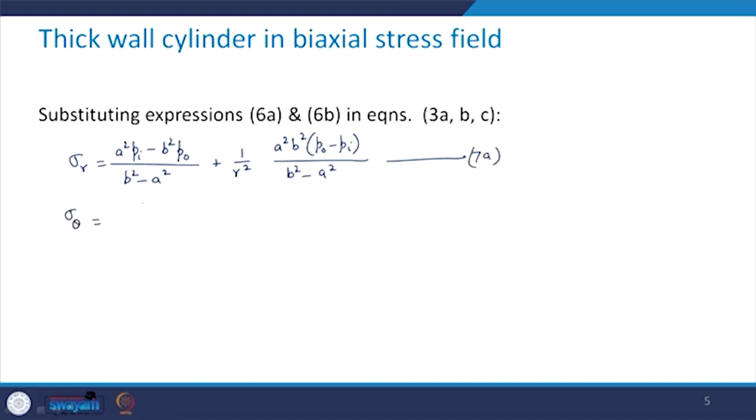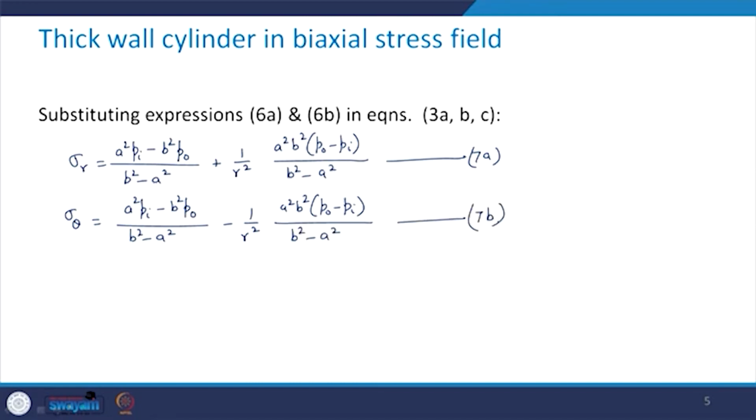Sigma theta will be a square pi minus b square p naught divided by b square minus a square minus 1 upon r square a square b square p naught minus pi divided by b square minus a square. This is 7b, and we have seen that tau r theta will be equal to 0. So, this is equation number 7c.